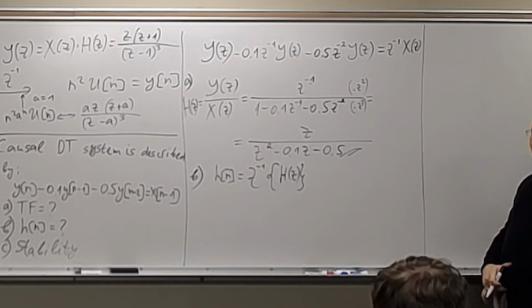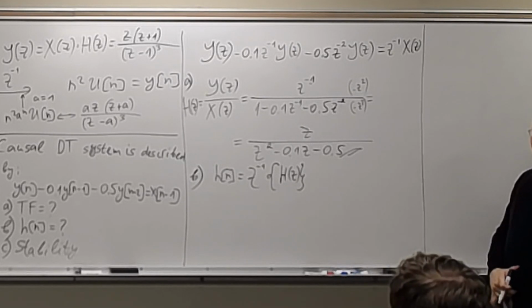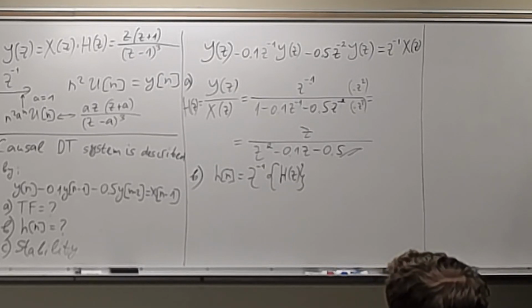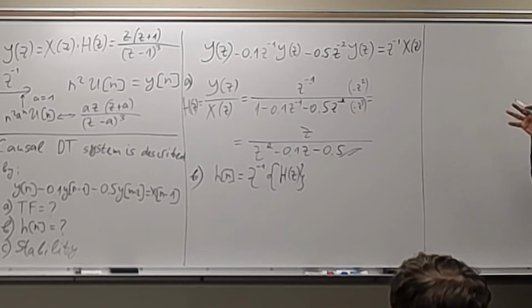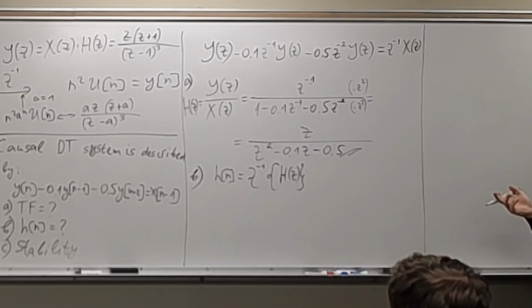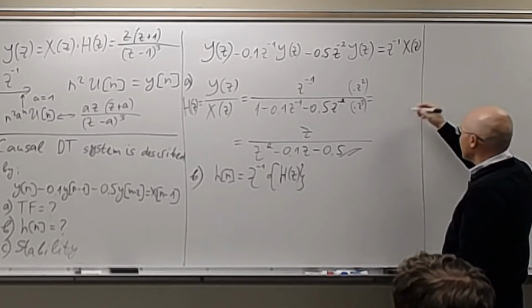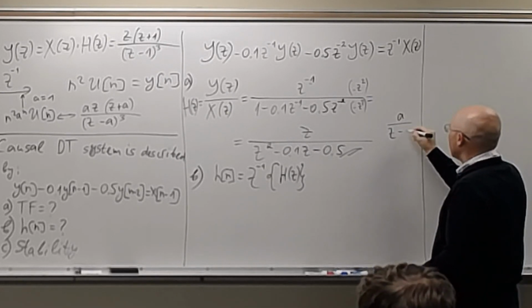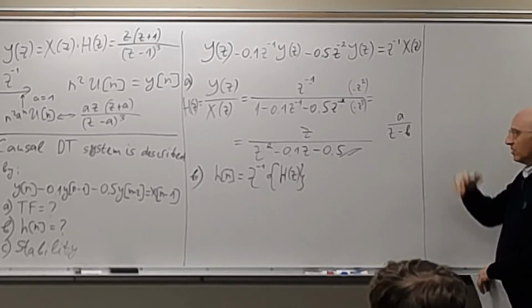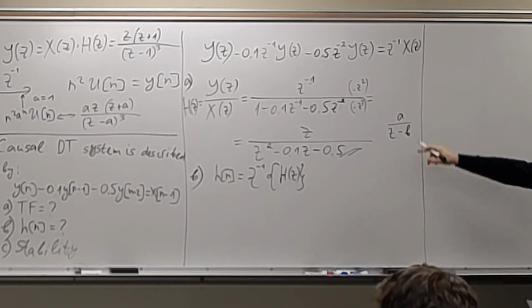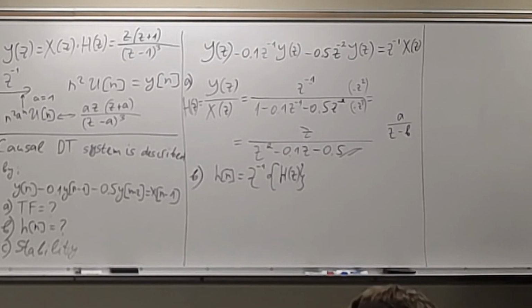It's partial fraction expansion and all of the other nice stuff in math. Now, unfortunately, we don't have anything like that, some constant divided by Z minus some constant. You don't have in the table something like that, or plus B, doesn't matter. You don't have anything like that for the Z transform.